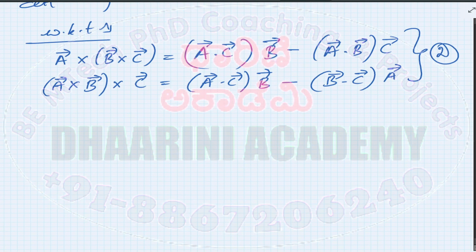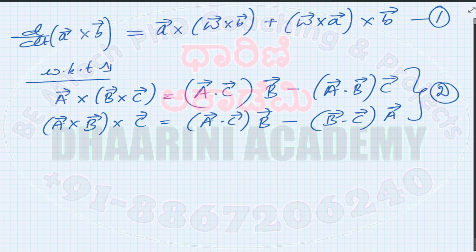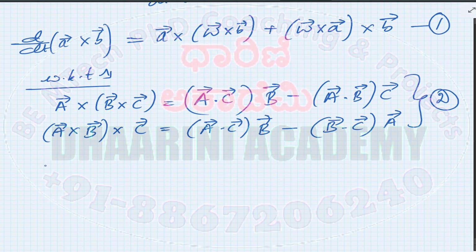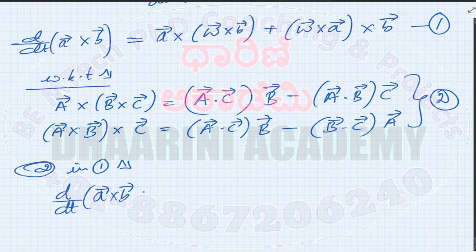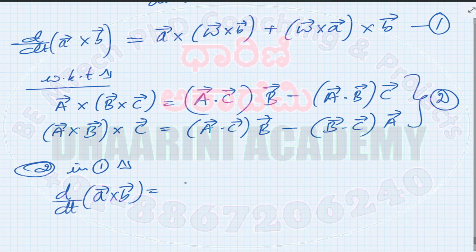Okay, so I'll just show you what equation number 1 is as well. I'm substituting this now, so this is 2 in 1. That means d/dt of vector A cross vector B is equal to, you can see that this first term in this equation, I'll try to write inside a flower bracket.